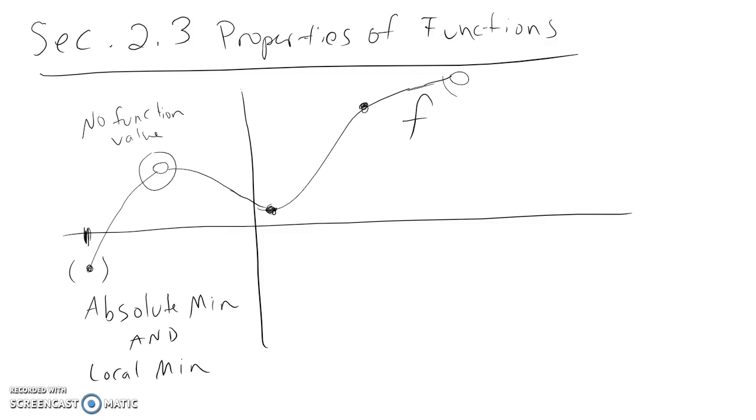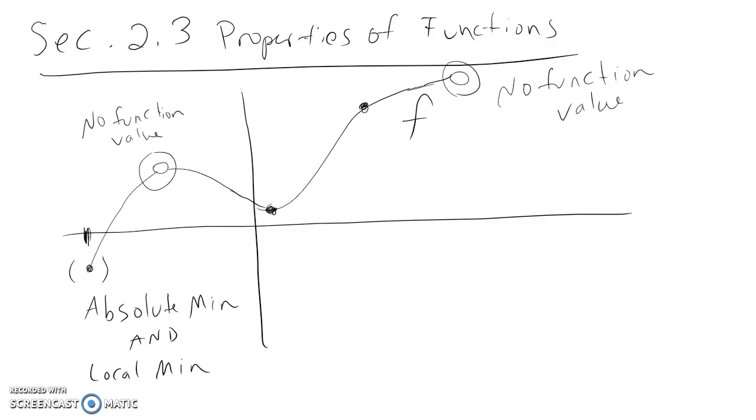We could say the same thing too about this endpoint over here. There's no function value here. So this point is, again, not a local min, a local max, an absolute max, or an absolute min. You might think of it as an absolute max, but it can't be because there's not even a value of f there.